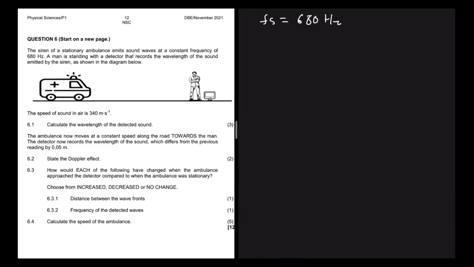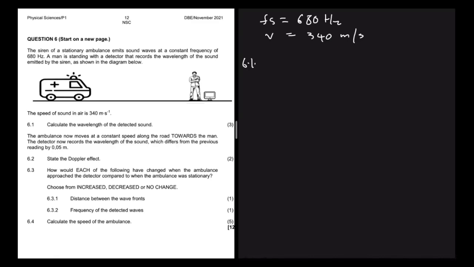And yeah, there you have it on the left hand side. And then it goes on to say the speed of sound in air is 340 meters per second. So we have our v being equal to 340 meters per second. And then 6.1 says calculate the wavelength of the detected sound.